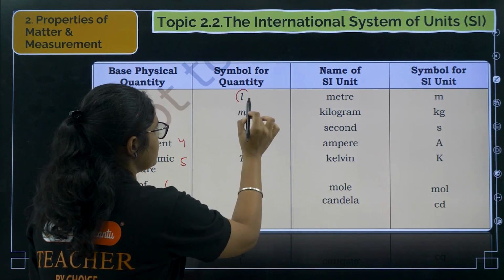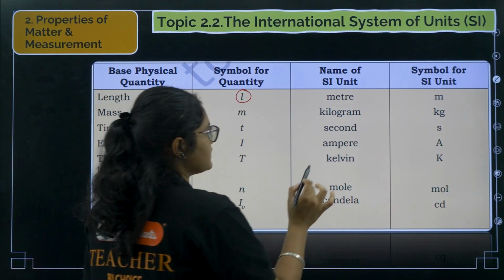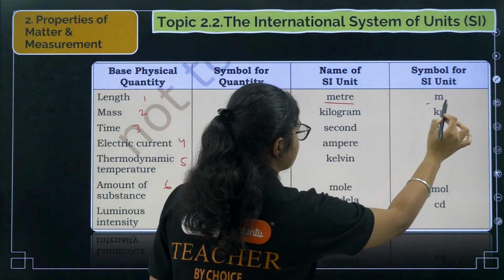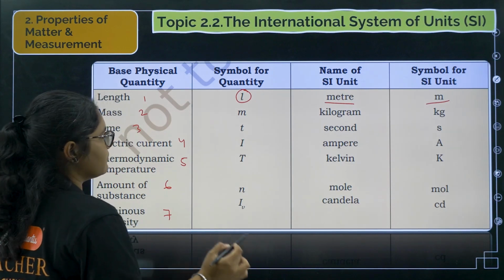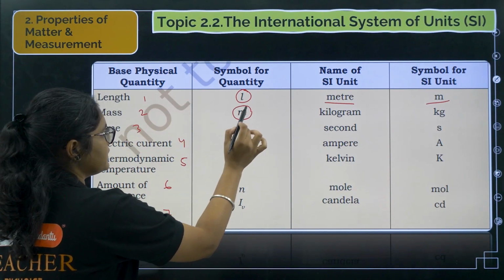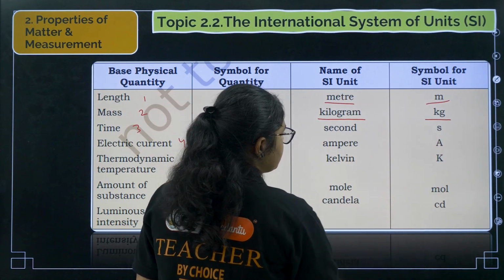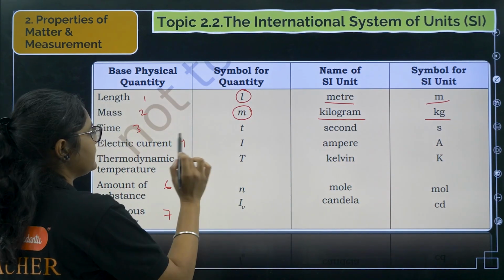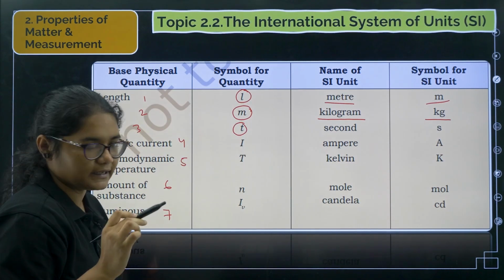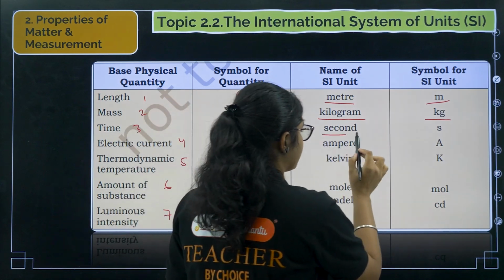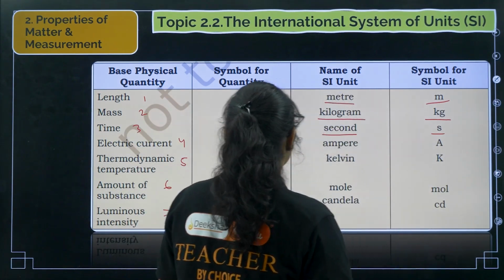For length, we use the symbol small l, and the name of the SI unit is meter, represented as m. Then mass, the symbol is small m, the SI unit is kilogram, represented as kg. Then time, it is small t, the unit is second, represented as s.